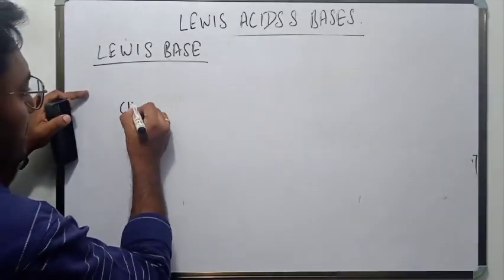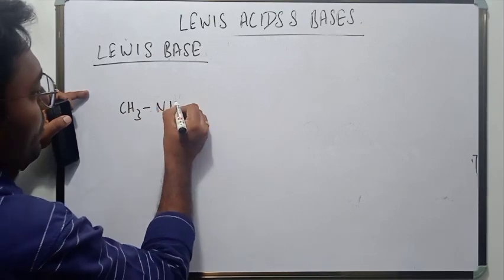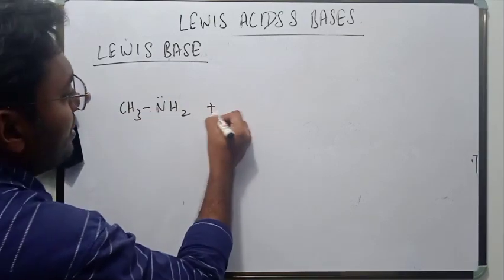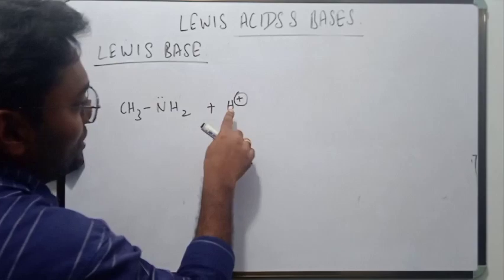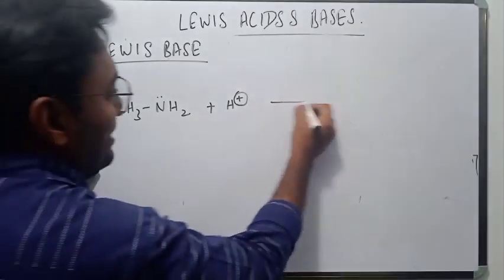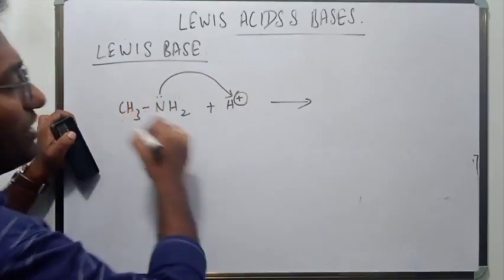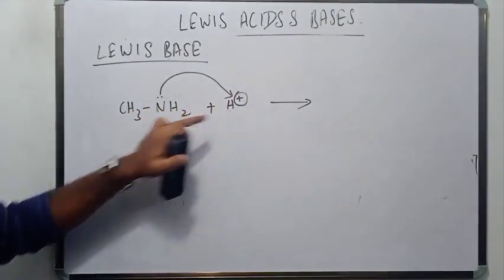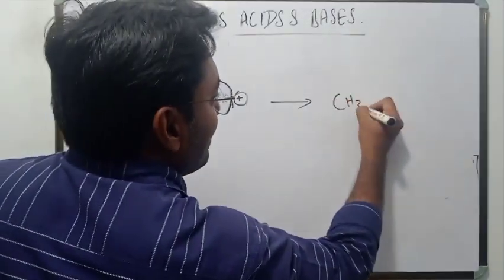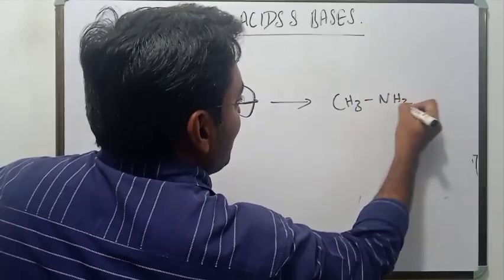Let us take the example of primary amine. See, the nitrogen can donate a pair of electrons to the Lewis acid here, and here you go.